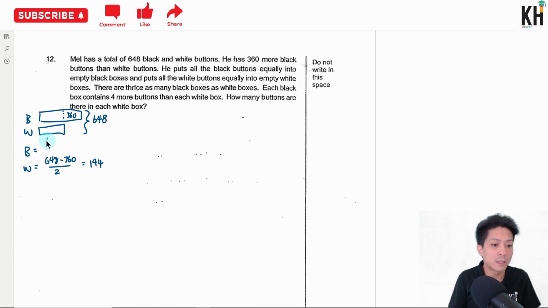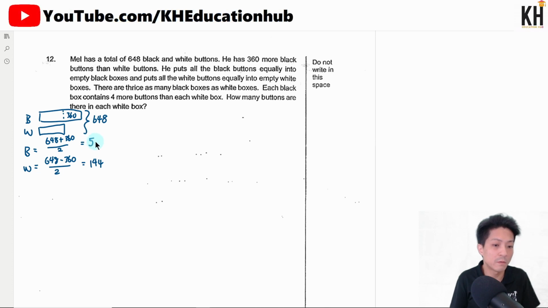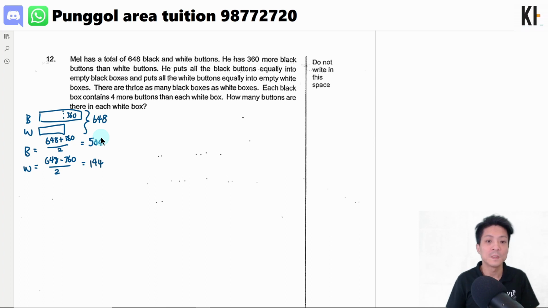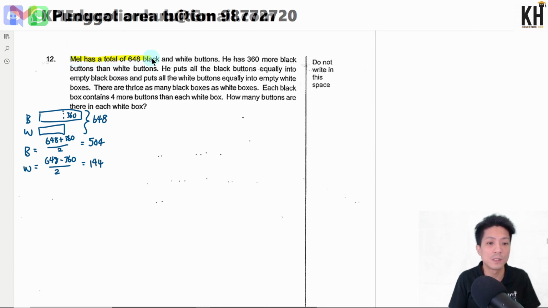To figure out the black, you can use 648 plus 360 and then divide it by 2. That is 504. So we have sorted out the first part.